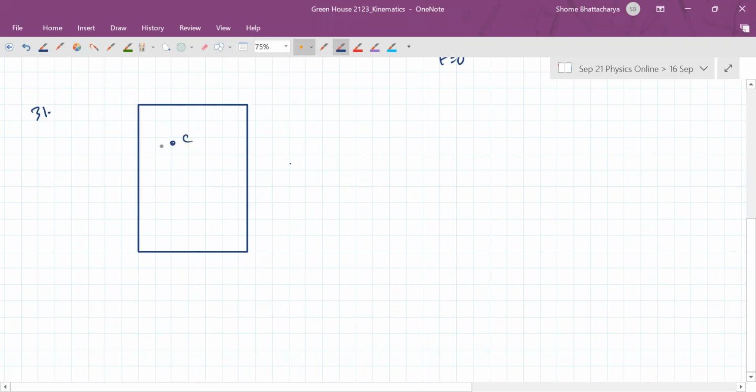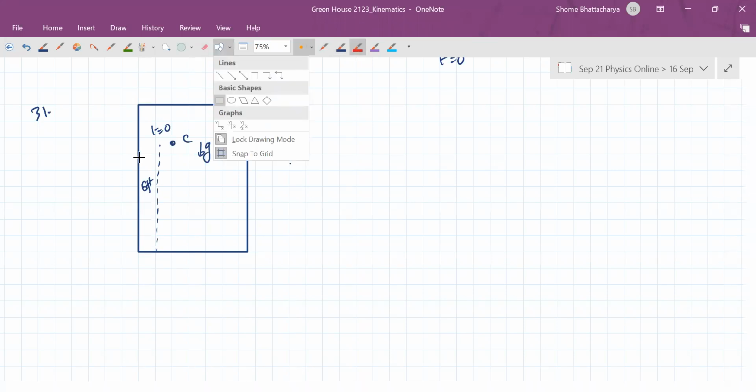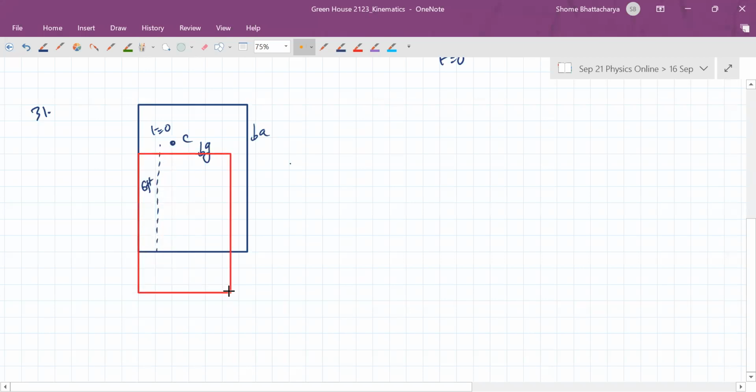Okay, so the coin is initially at a height above the elevator's floor of 6 feet. Now the moment you release it, the coin starts going down with an acceleration of g, whereas the elevator is going down with an acceleration of a. By the time the coin hits the floor, the elevator itself has also descended.